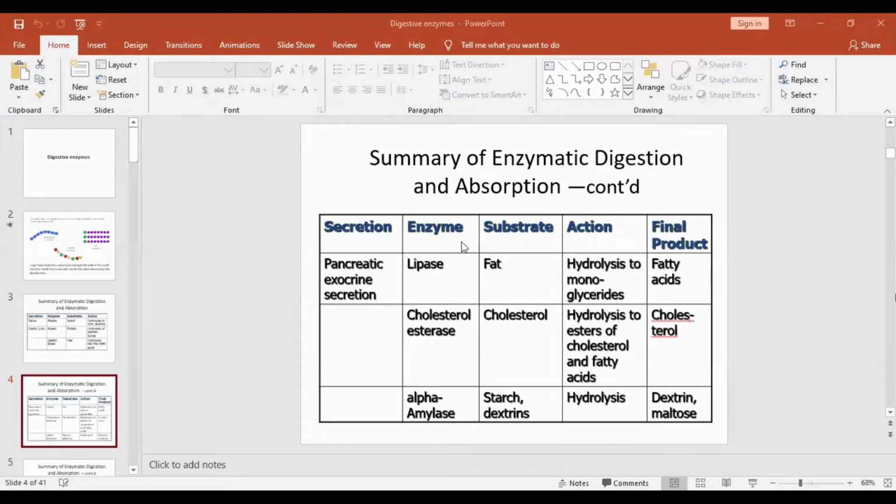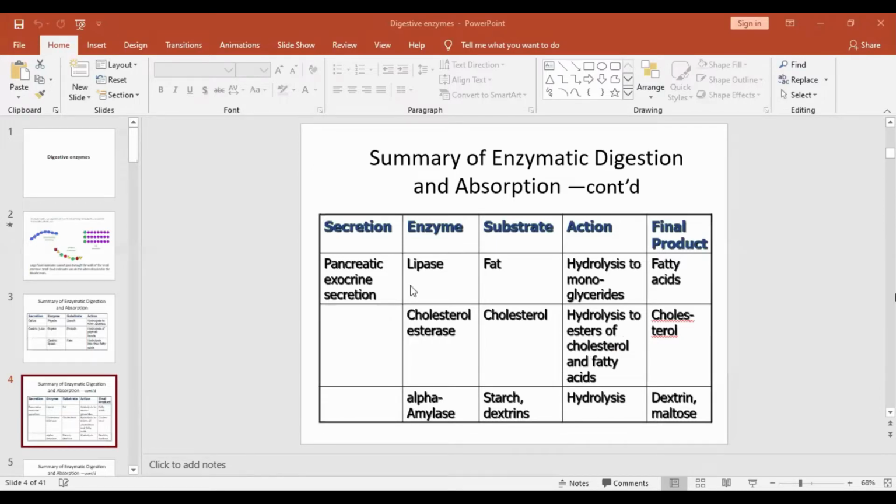For lipase, the substrate is fat, and the action is hydrolysis, breaking the bonds to release fatty acids. The substrate for cholesterol esterase is cholesterol esters; it hydrolyzes cholesterol and fatty acid esters to give cholesterol, because in cholesterol there is an attachment with fatty acid, and that bond should be broken into the individual components.